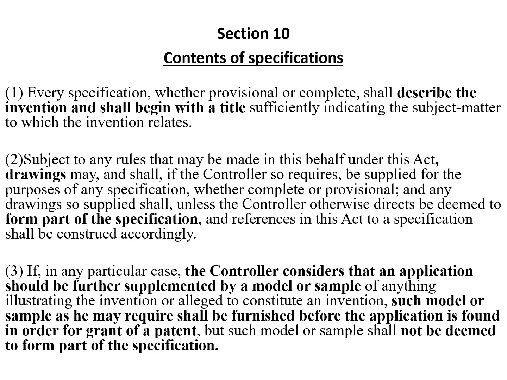This is also very important, what forms a part of the specification and what does not. Drawings form part of the specification, but a model or a sample does not. Many times a lot of objective questions are asked based on this, on what is a part of the specification and what is not.